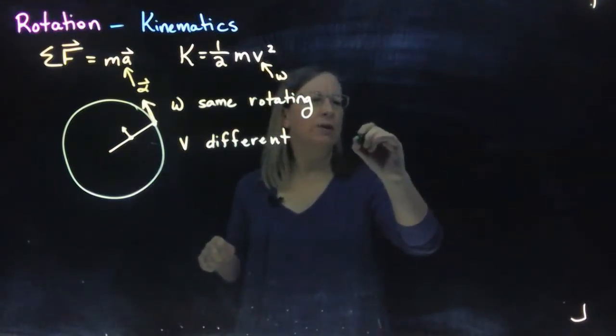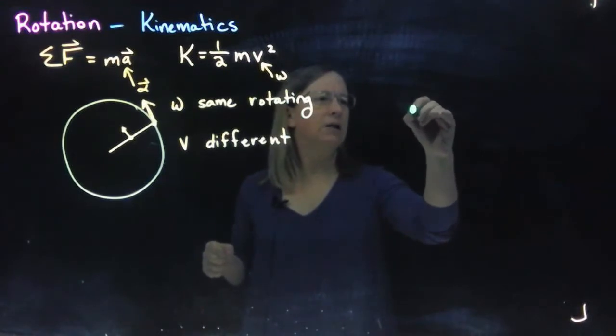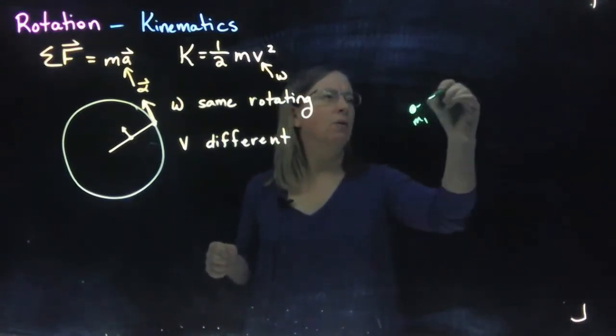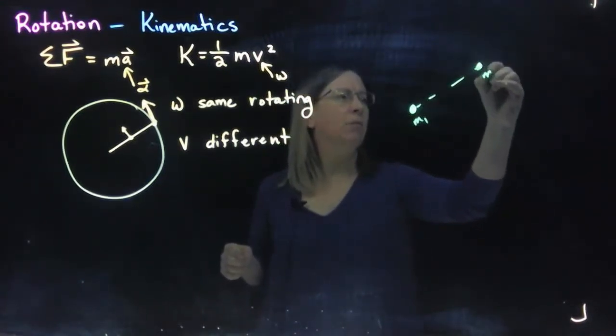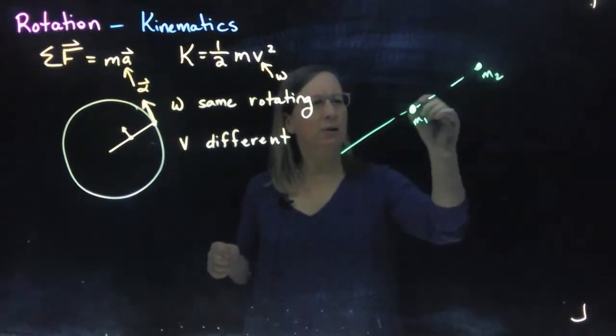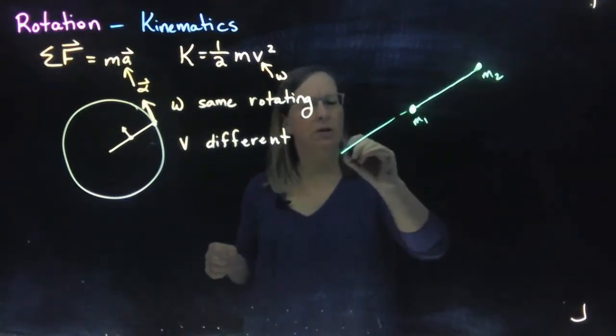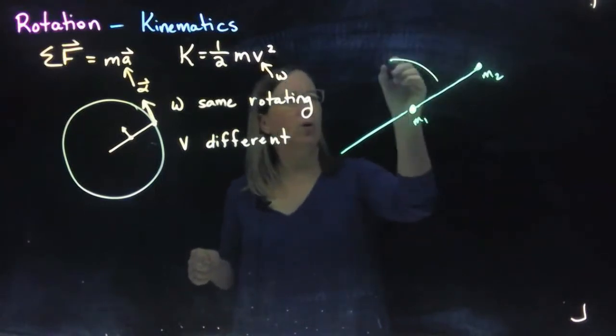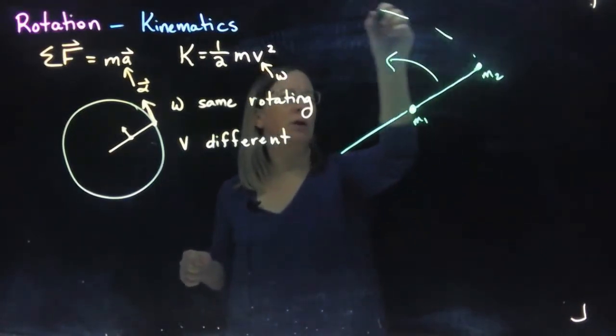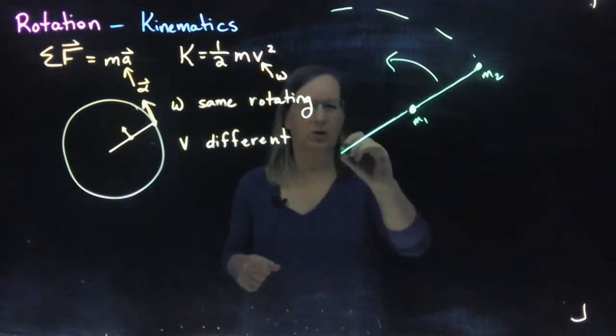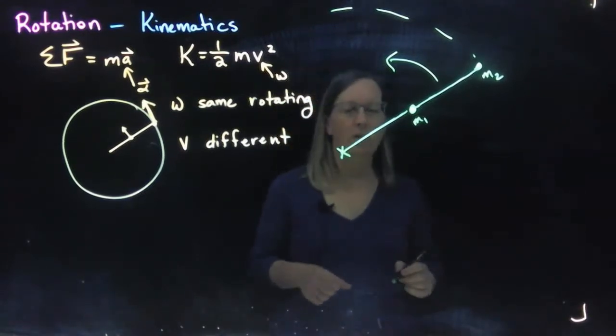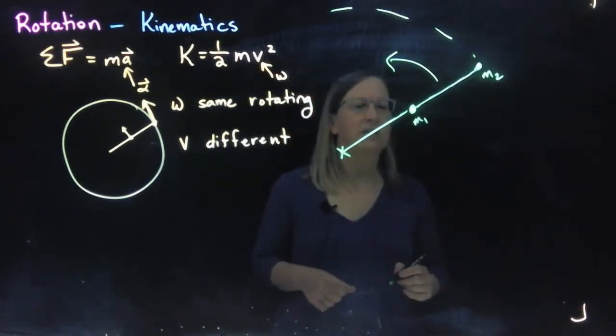So we've got a mass here, M1, and a mass here, M2, and they're connected by something that's so light that we don't have to worry about it. And they're going around in a circle, like this. It's a fairly big circle, and this is the axis of rotation, right at the X.